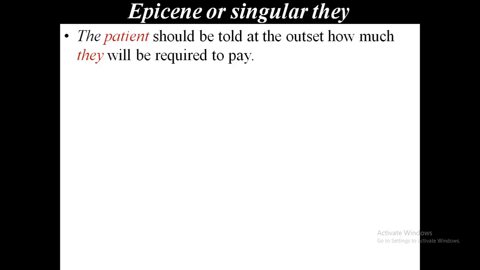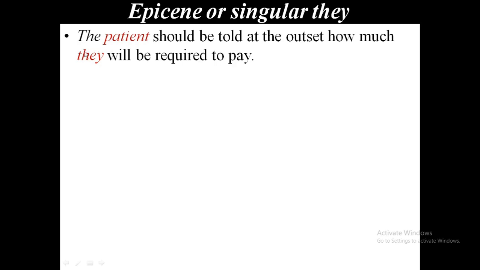So here the noun patient is in singular form, but the pronoun is in plural form, right? So here the number is not going to coordinate, but the context of the sentence generates the correct meaning. The patient should be told at the outset how much they will be required to pay.